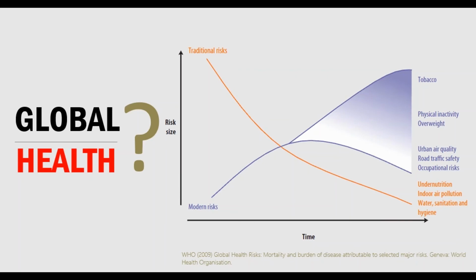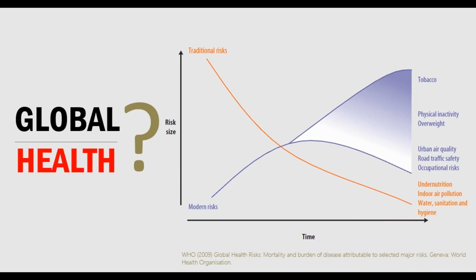Historically, modern risks, for example urban air quality, road traffic safety, and population obesity, were not really present, but have evolved over the last 3-4 decades. We have really seen a high burden of those diseases.